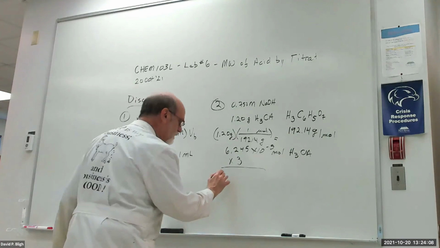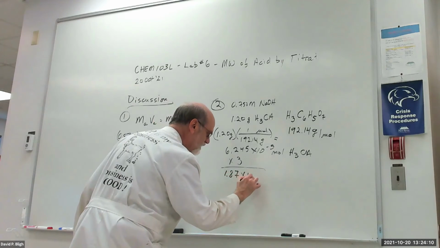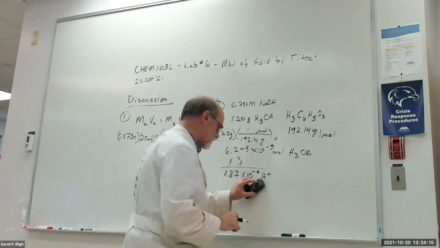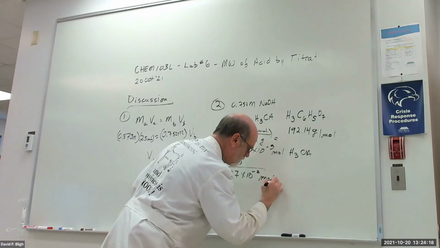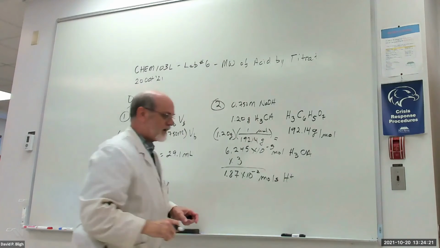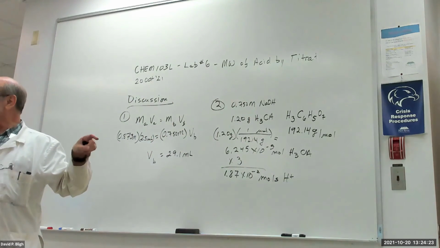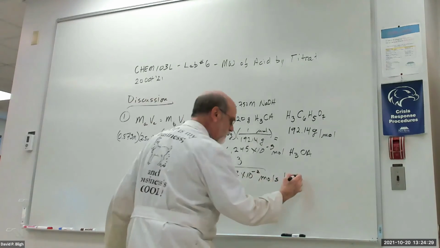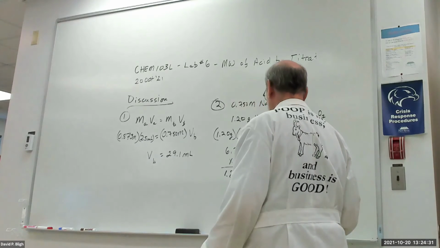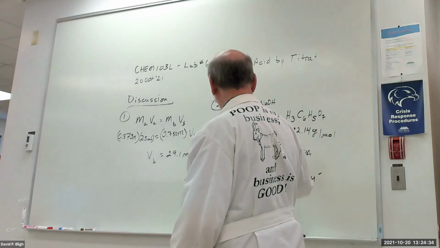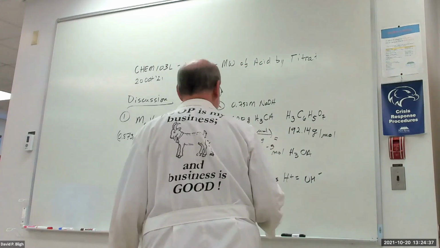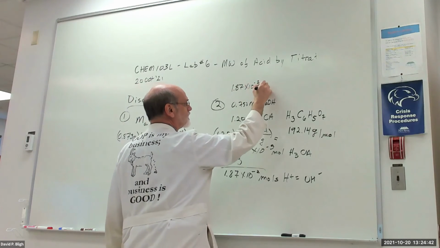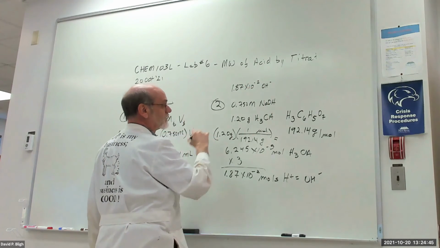1.87 times 10 to the minus 2 moles of protons. So that many protons has to be neutralized by the same number of hydroxyls, right? So this is also equal to hydroxyls. So now we know how many moles of hydroxyls there are. 1.87 times 10 to the minus 2 moles of hydroxyls are required.